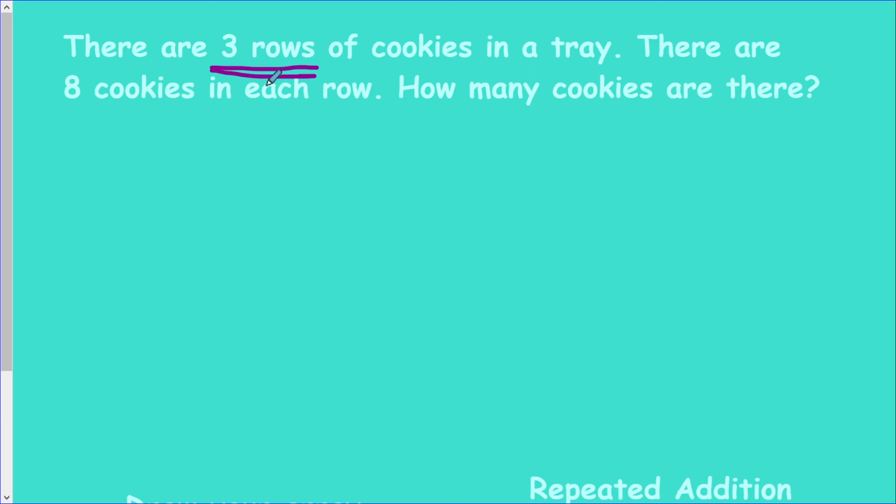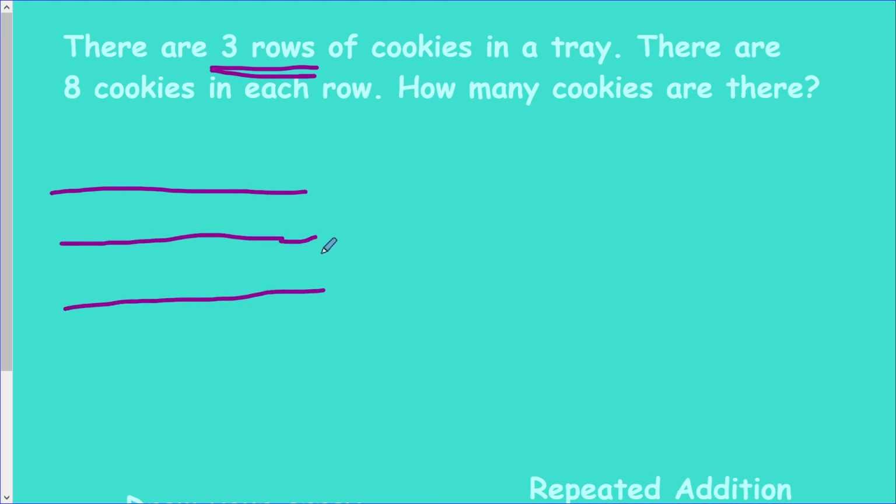Now, if you want to, this is where you can say, okay, I don't want to flip-flop this, so I'm going to go ahead and draw 3 rows. Then I'll put some cookies on them. How many cookies go on each row? Well, 8 cookies go on each row, so let's draw our cookies. There's our first row of 8.